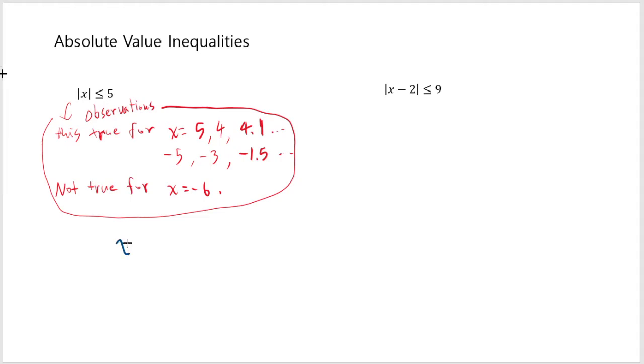Okay. And after doing some of these observations, you should come up with the following conclusion, that this would be true when your x value is between 5 and -5. Okay? And that's actually very important. When you have the absolute value of something less than or equal to some a, then it becomes that something must be between a and -a.